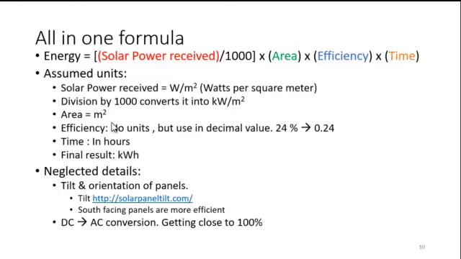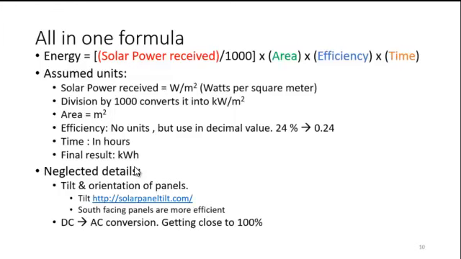Now, for the efficiency, there are no units. It's a ratio. But we will need to use it in decimal value. So if it says 24%, then we would use 0.24 for the ratio. And then the amount of time that we use this for is in hours, and the final result is going to be kilowatt hours.